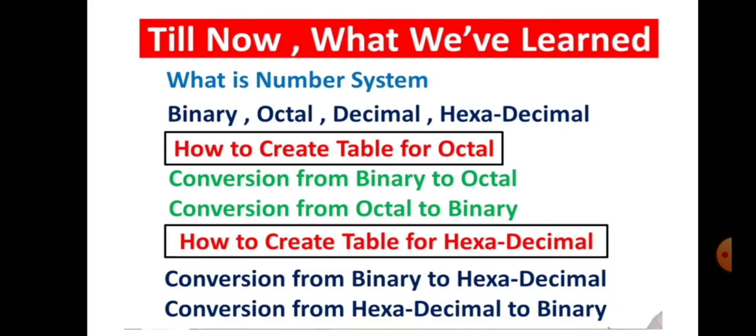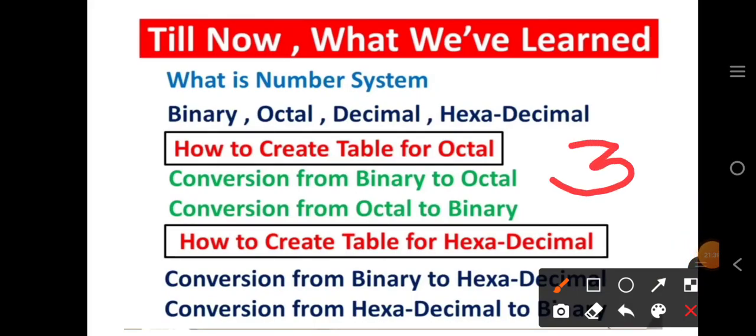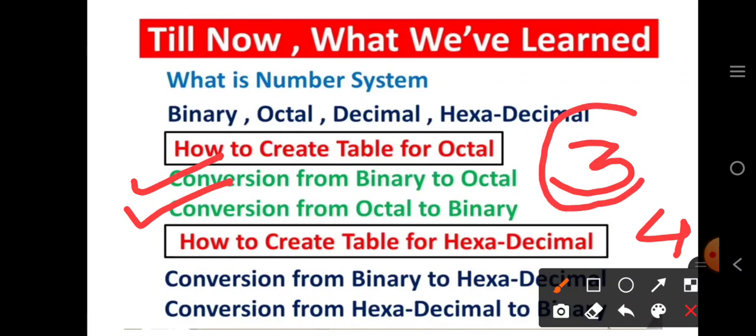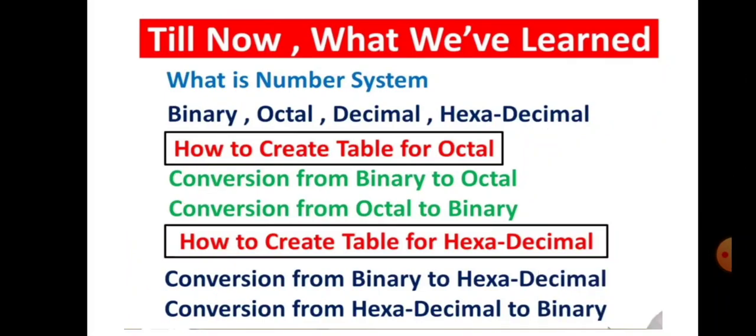Then we have seen how to create a table for octal, which uses 3 columns, and for hexadecimal we used a table of 4 columns. Then we have seen the conversion from binary to octal and octal to binary using the 3-column table. And then we have seen binary to hexadecimal and hexadecimal to binary using the 4-column table. So up till now we have studied all this.